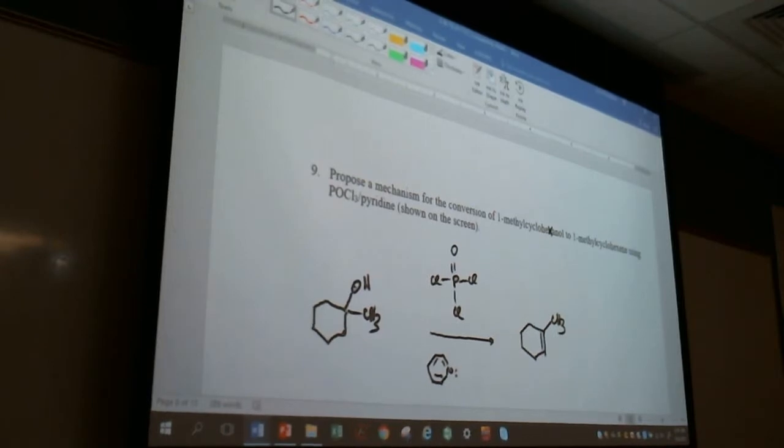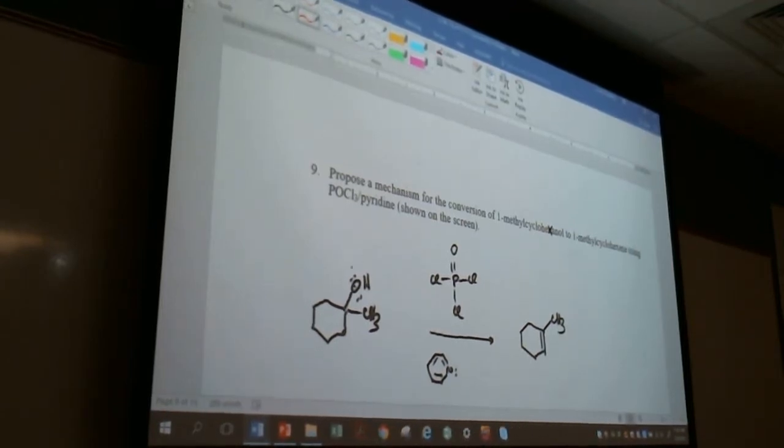In the past, we've converted it into a good leaving group by reacting with acid, by reacting with tosyl chloride, by reacting with PBr3. Now, POCl3 is kind of similar to PCl3, except that I have this additional oxygen here. But let's do the same that we would have done with PCl3.